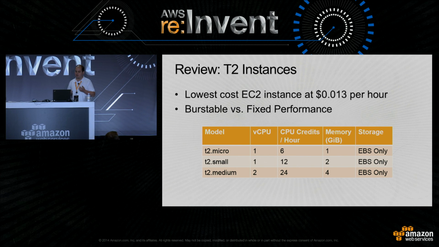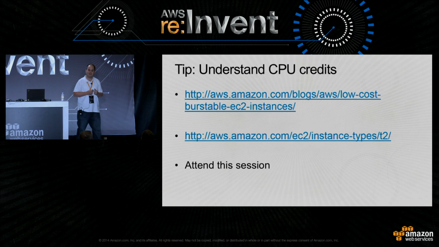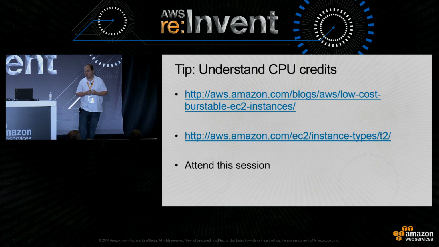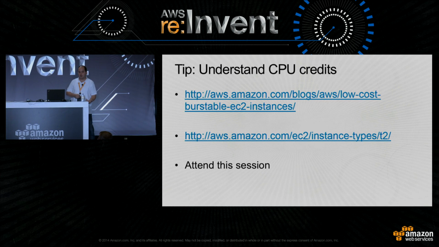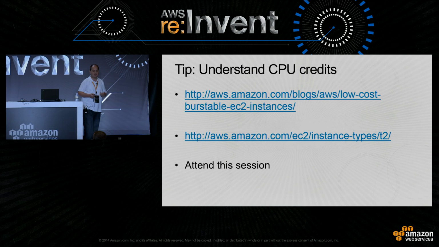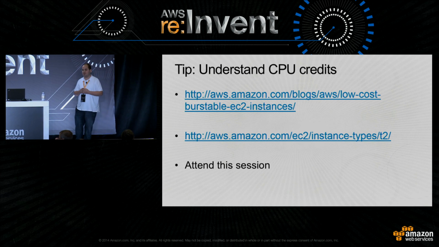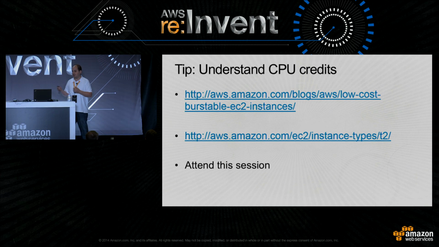And the very first tip that we have, and I tried to start with a nice easy tip, is make sure you understand what CPU credits are, how they affect your workload, so that you can optimize your workload and choose the right T2 instance to fit your workload type. So there are 3 resources that I have on this slide, and these slides will be available on SlideShare, so you don't have to try to type all of this down.